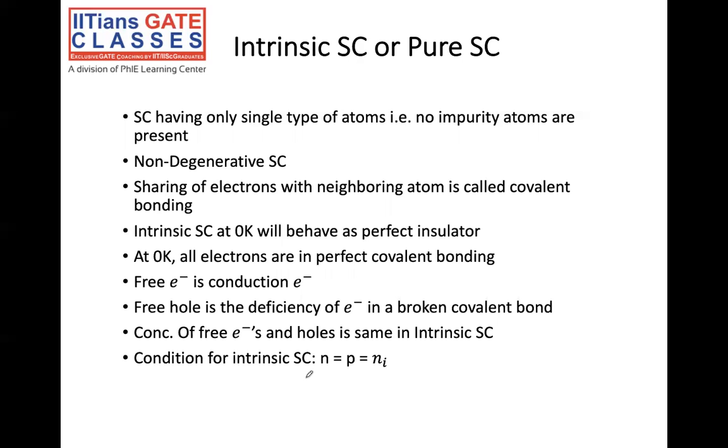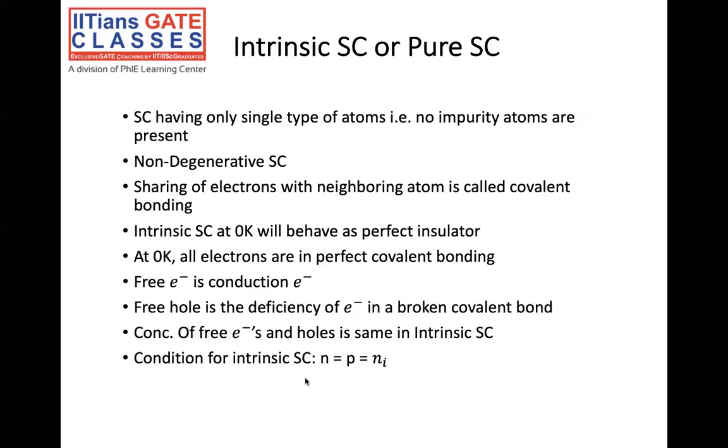In this type of semiconductor, the sharing of electrons with the neighboring atoms is called a covalent bond. In an intrinsic semiconductor at 0 Kelvin, it behaves as a perfect insulator, which I already told you, because there is no free electron available.